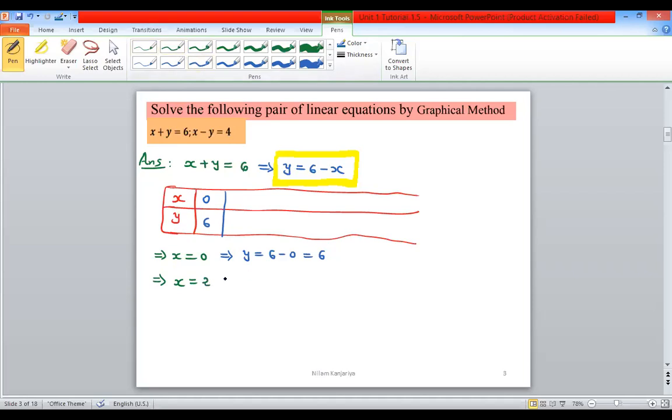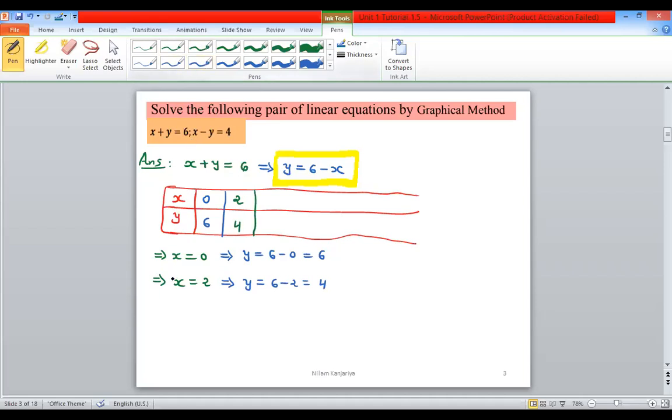So what happens to y? y is equal to 6 minus 2, which is 4. So I take x is equal to 2 and I got y is equal to 4.